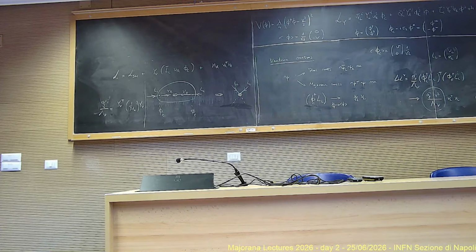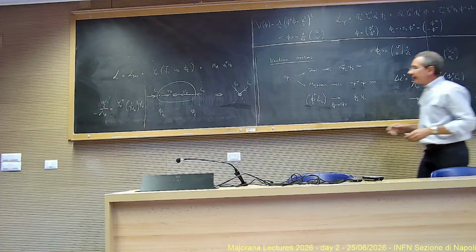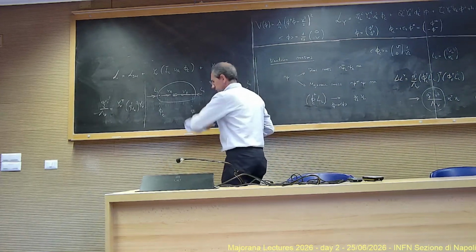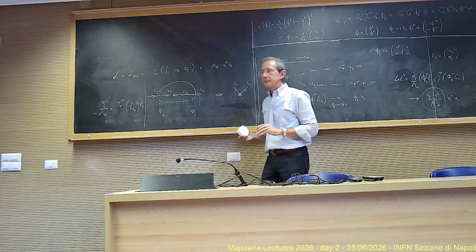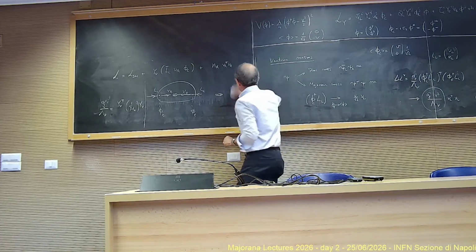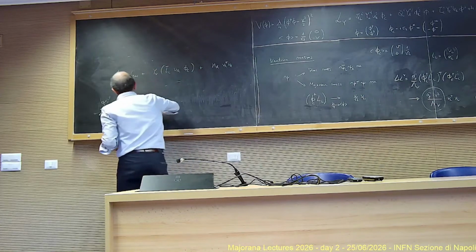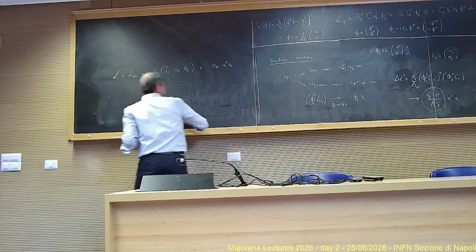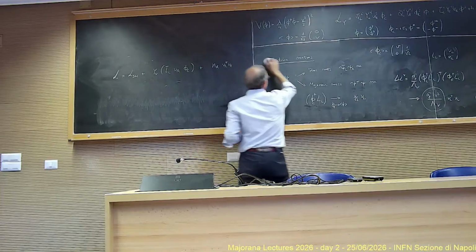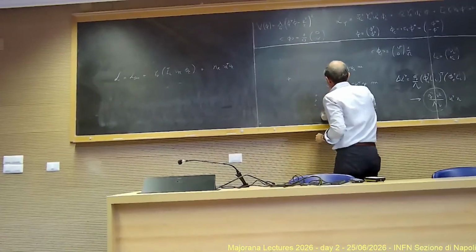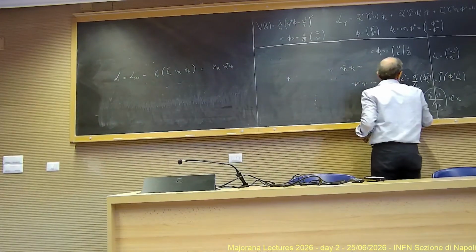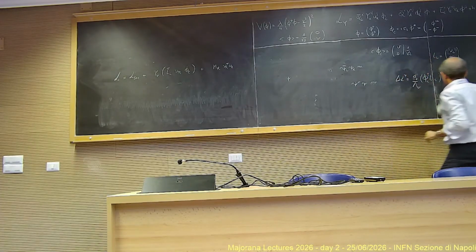Okay, so that was the message I wanted to give you about accidental symmetries. And now, finally, we still have 15 minutes, right? Yes. So finally, tomorrow we'll redo the full classification of the operators, but the last thing I want to discuss today is the famous hierarchy problem.